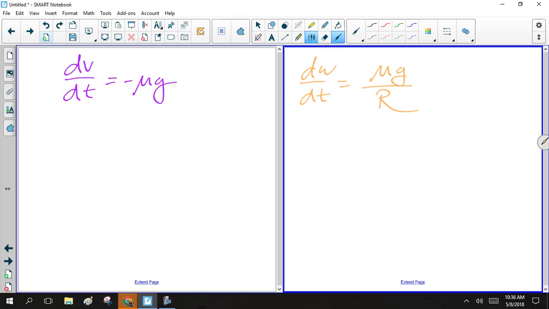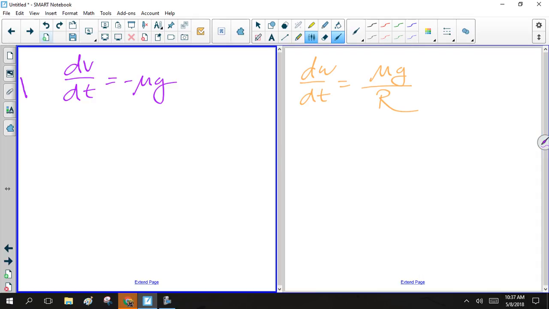Okay, part B. Derive an expression for the magnitude of the linear velocity as a function of time and the angular velocity as a function of time. So now we're evaluating these two things. How can I get from this mess to v of t? How can I get from this to this? Integrate both sides, right?